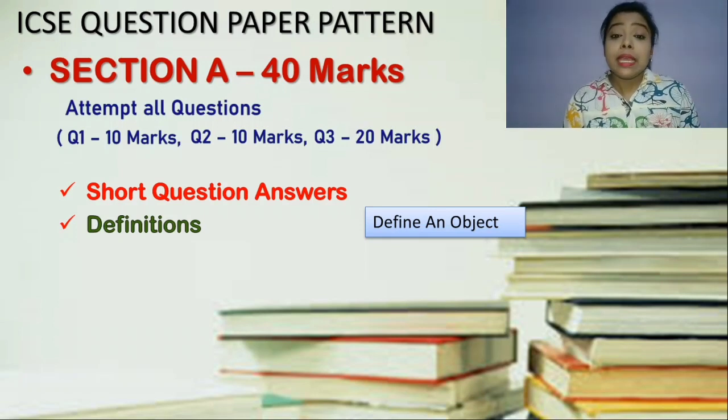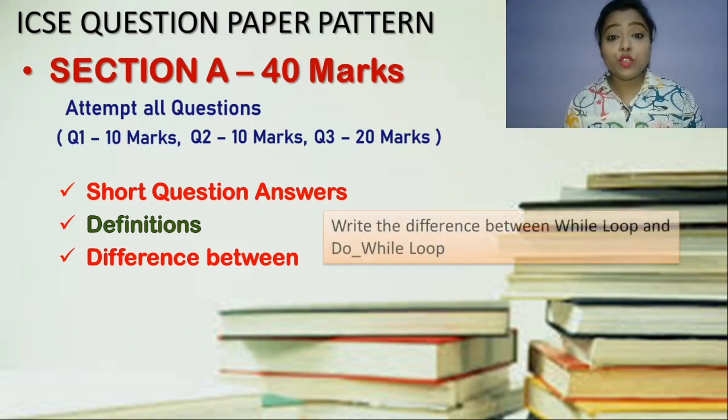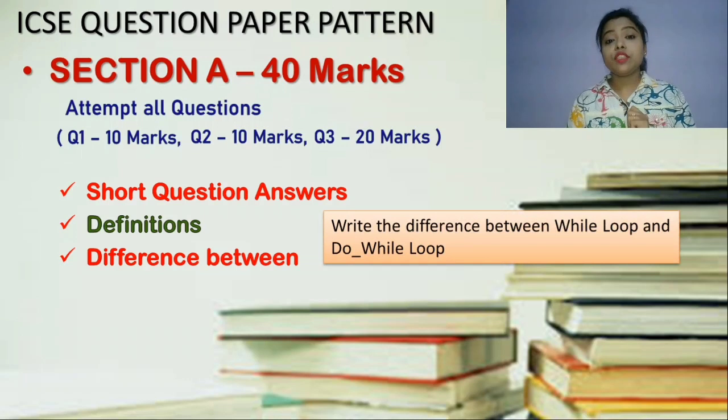Okay, next one is difference between. That means here you will get differentiation, and that can be with anything. Let me show you some examples, like write the difference between while loop and do while loop. In case of while loop and do while loop, you need to know the basic concept of both, and in tabular form you will write the difference of these two.